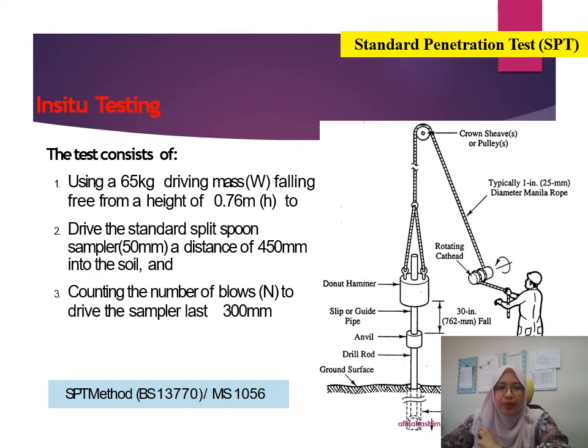Okay, so for the procedure, we are using a 65 kg free fall hammer from a height of 0.76 meter. So we apply the number of blows. As you can see here, there is an operator. He will lift the pulley, and then the hammer will be lifted.